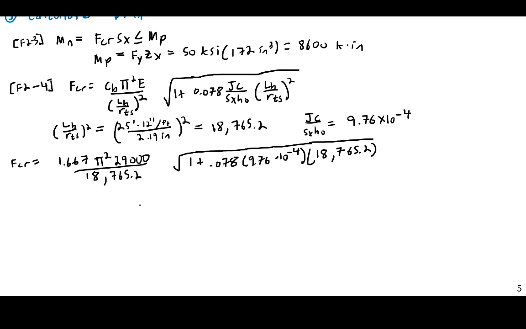Alright, so when I work through this, I find that all this nonsense is then equal to 25.4 KSI. It's KSI because this is dimensionless, this is dimensionless, this is KSI.